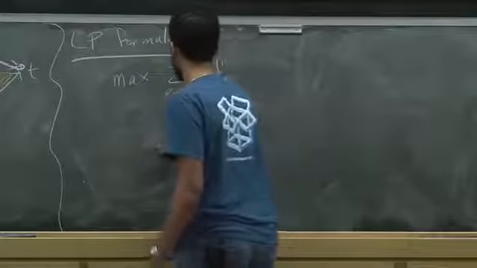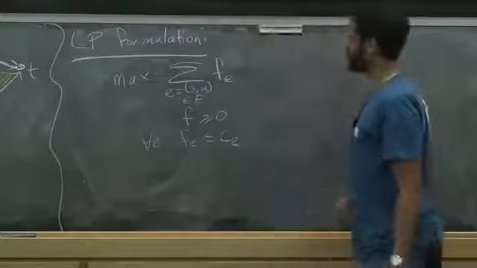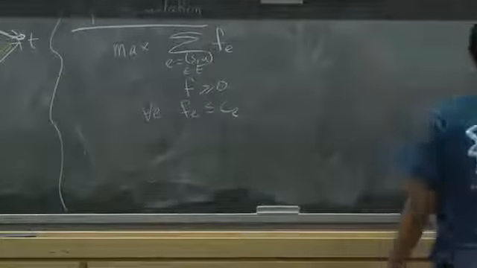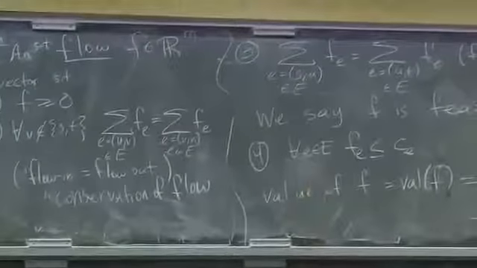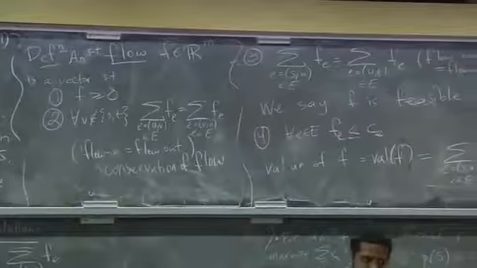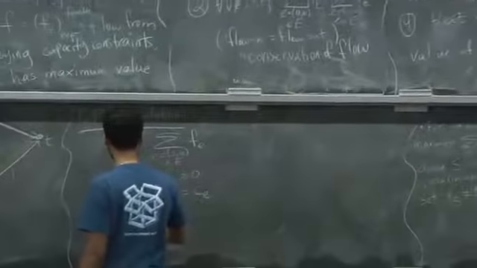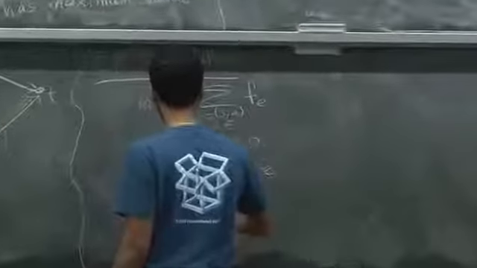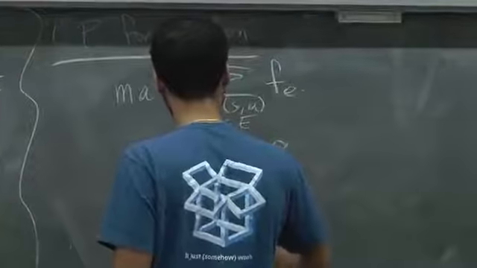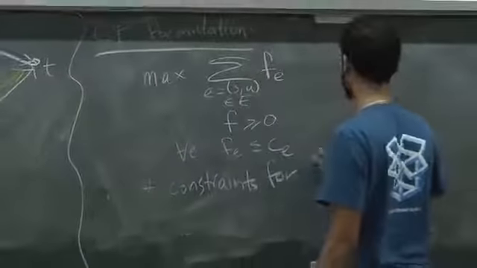For all e, f(e) has to be at most c(e). And then we also have the conservation constraints, right? Constraints 3 and 2. But those are all linear constraints anyway. Plus constraints for 2 and 3, I guess.